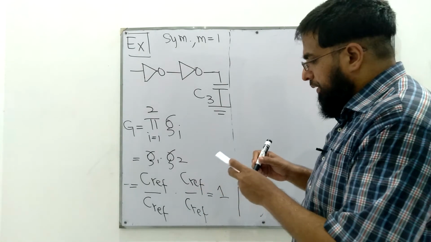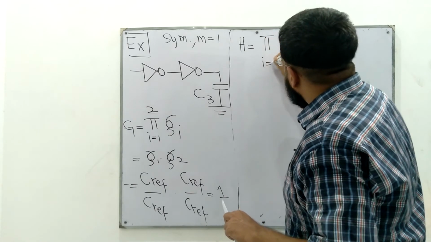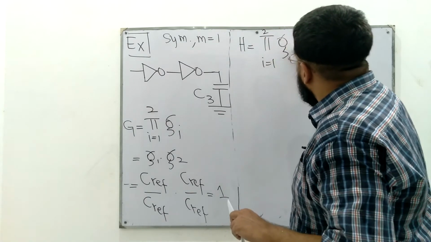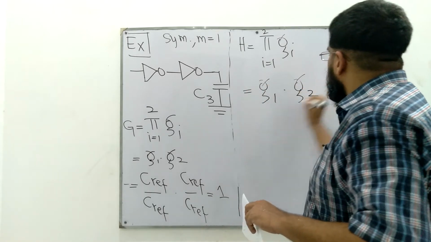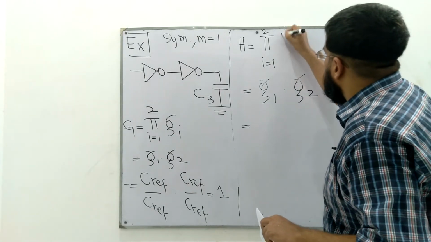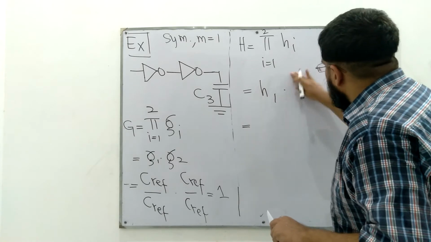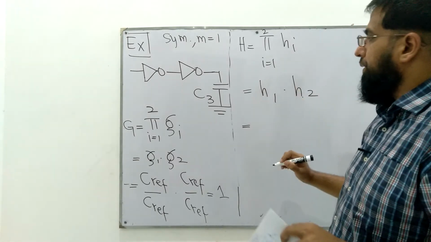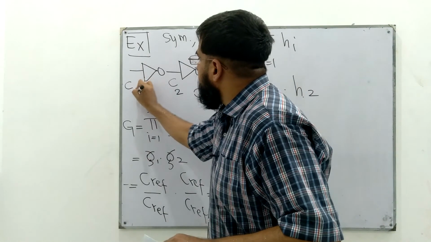What about H, which is the product of h i from 1 to 2, H1 times H2, where each h is the output capacitance over the input capacitance. Let's see the output capacitance.